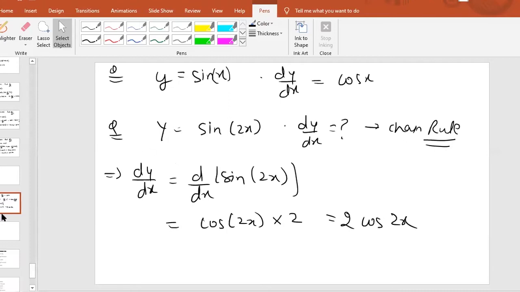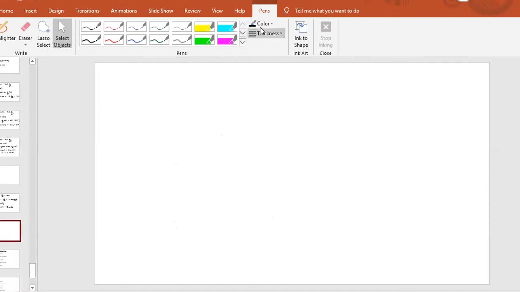Okay, I'll explain the chain rule to you. Chain rule means what? See, if some function is given to us, like y equal to function of x, or we can say f of x.